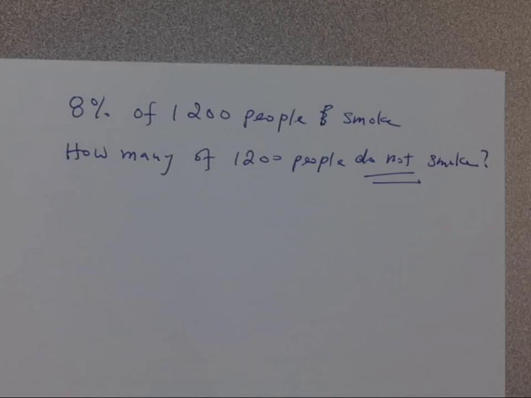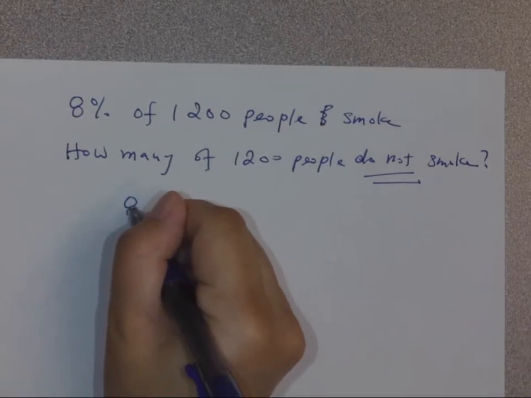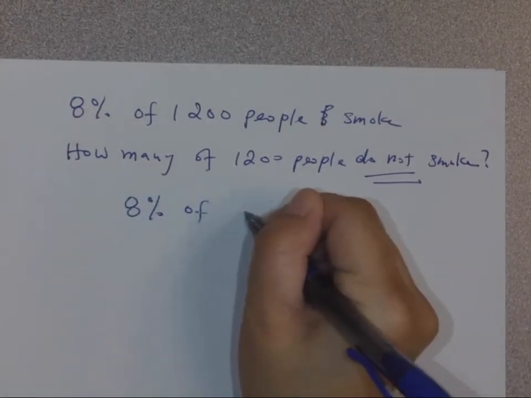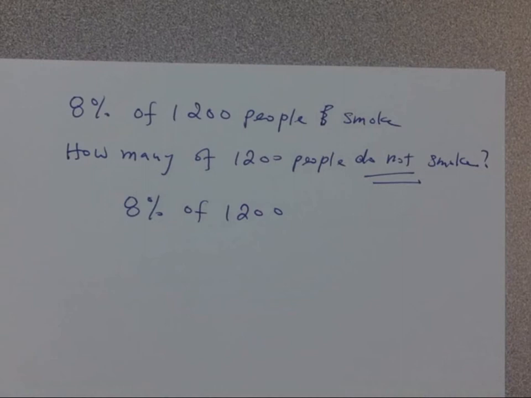Yes. Percent of the smoker. So 8% of 1200 people, right? When we do of, it means what? Multiplication.